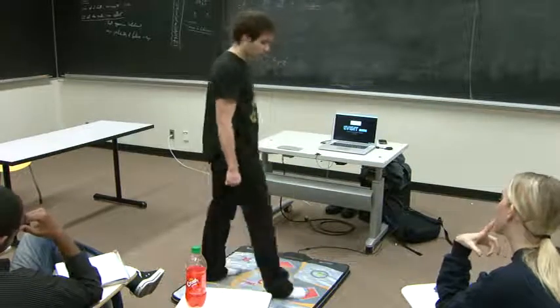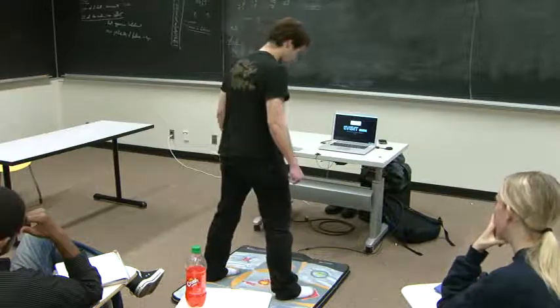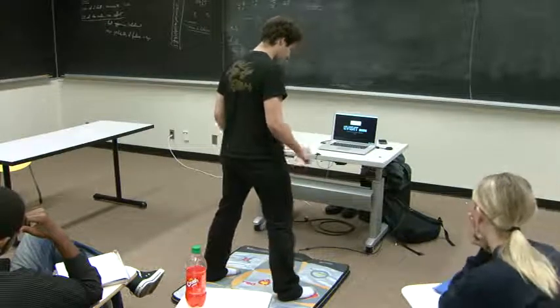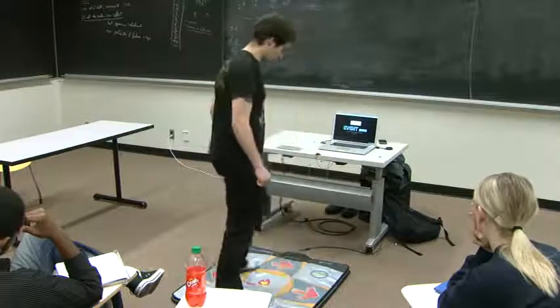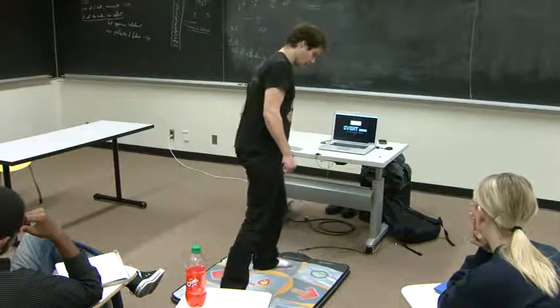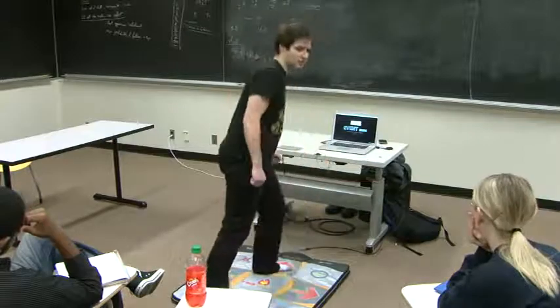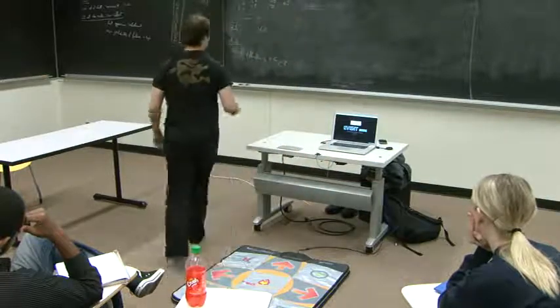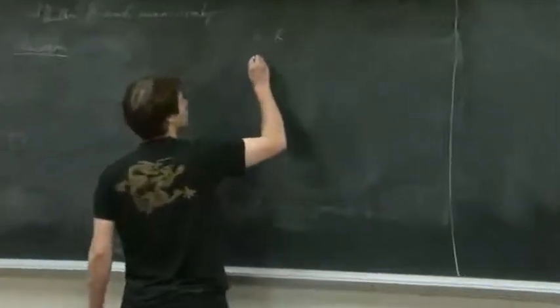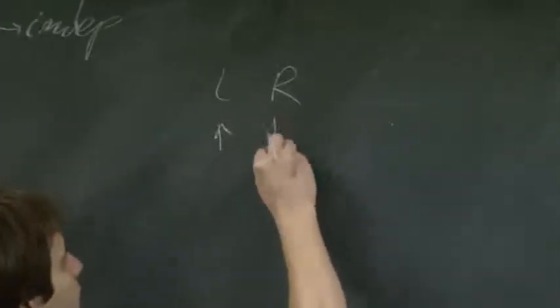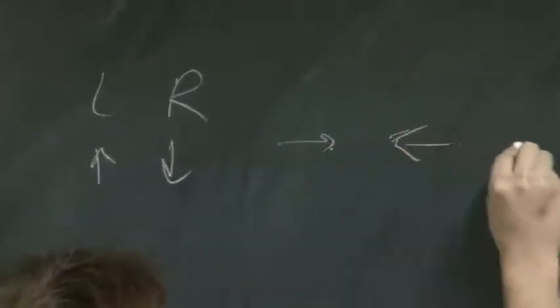Okay, so looking at this, I'm considering whether to go from here to here, either this way or this way. So let's write this down on the board. I'm going from up, down to left, right.